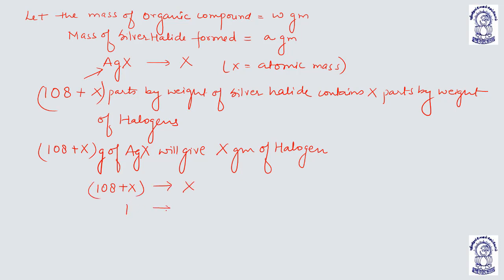So 1 gram of silver halide will give how much halogen? x upon 108 plus x. So A grams of silver halide will give how much halogen? x upon 108 plus x into A.